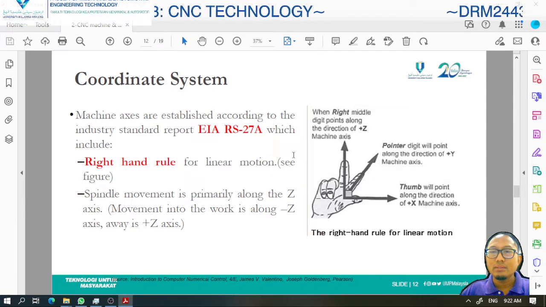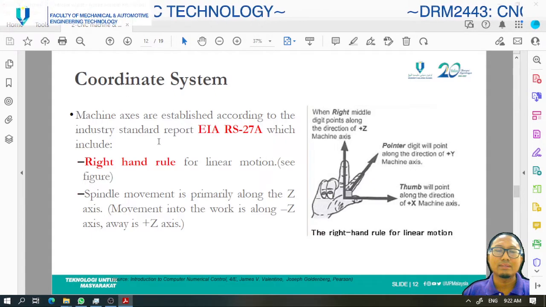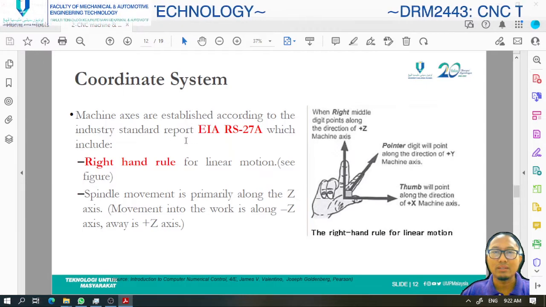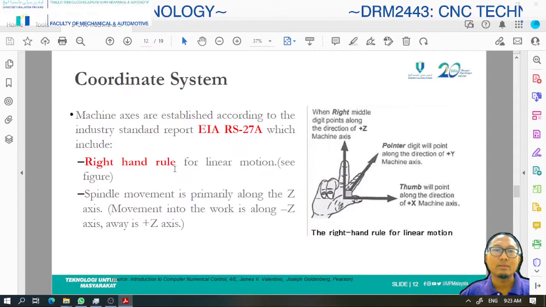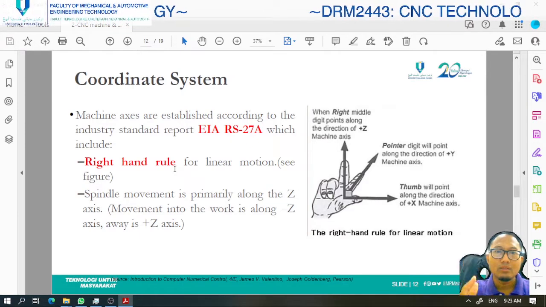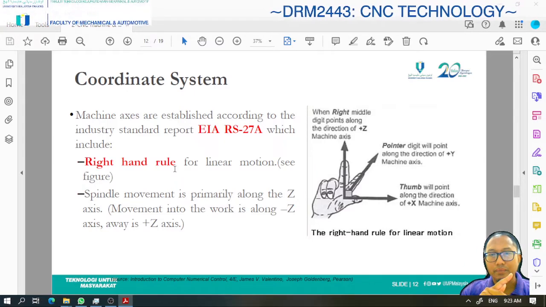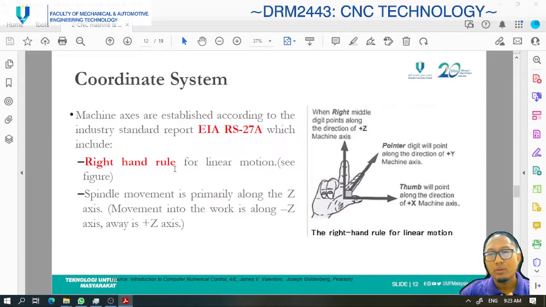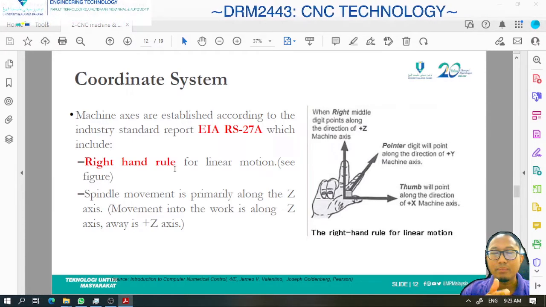The coordinate system for CNC machines is established according to the industry standard EIA-RS 27A, which includes, first, the right hand rule. You can use your right hand to determine which direction is x, y, and z positive.